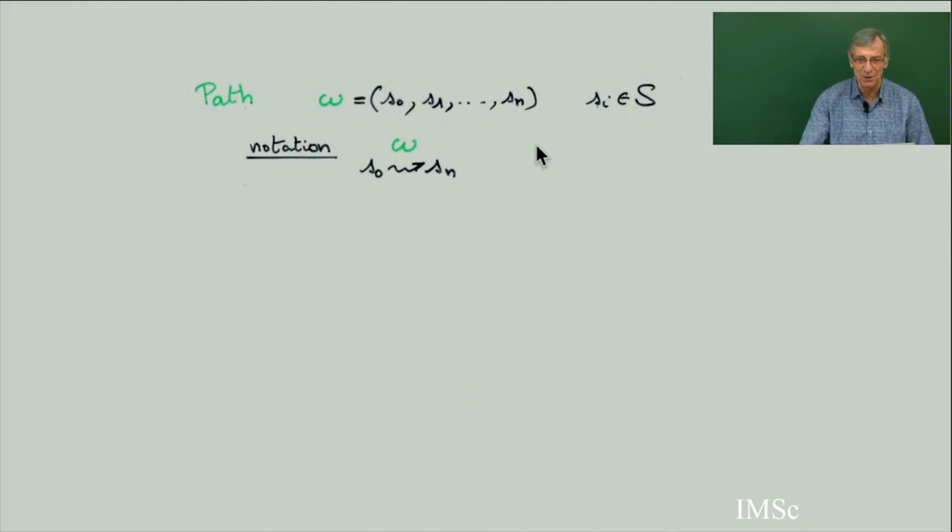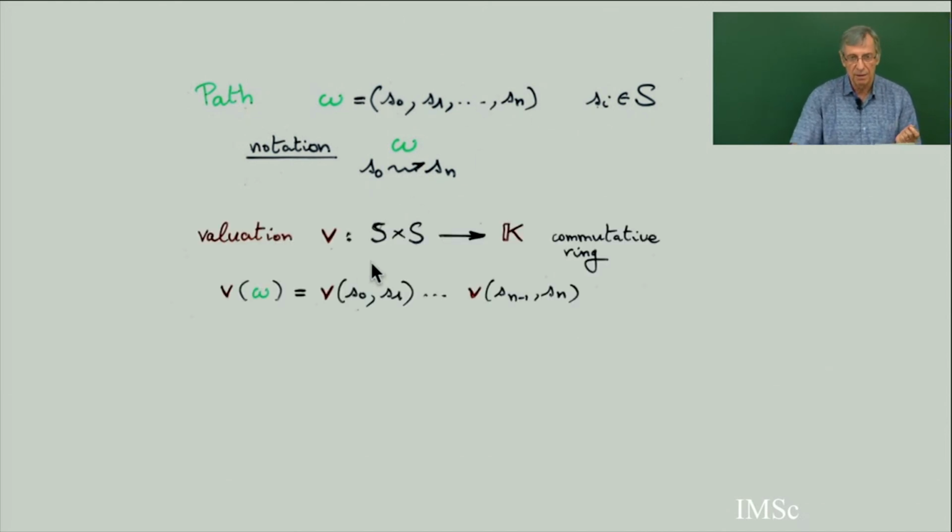You have a certain set S. It's the vertices of the lattice, but you can have any set S. And a path is just a sequence of points, the first point starting at S0 and ending in Sn. And then there is a weight going from one vertex to another vertex, which is an element of a commutative ring.